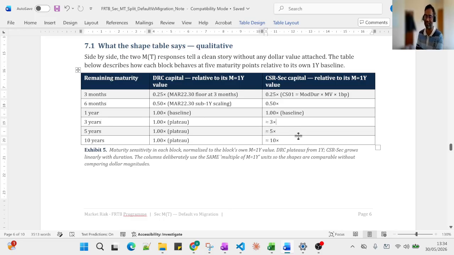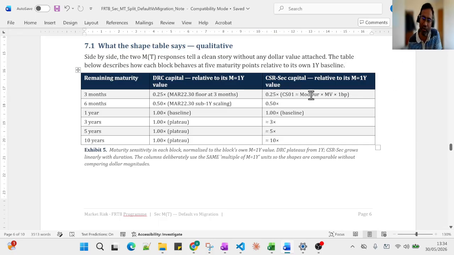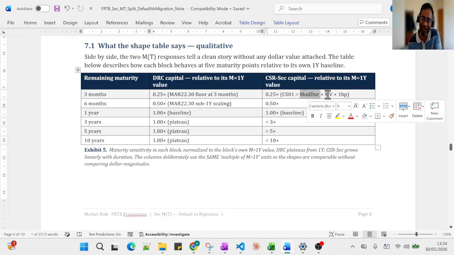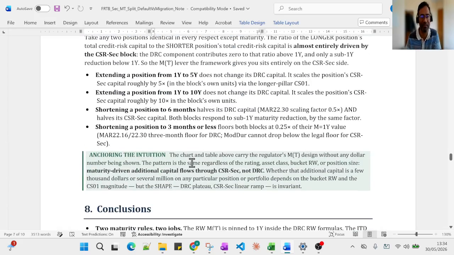There are some intra-bucket correlations, which can actually dampen or increase it based on correlation. But you see this 3, this approximation, they came from here. Okay, the CS01 actually has a formula like this. If you do a rough estimation, it is an approximation only, but you can see it increases directly. And for DRC it is not increasing. That's the main point.